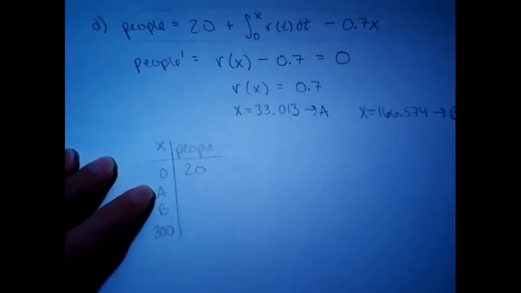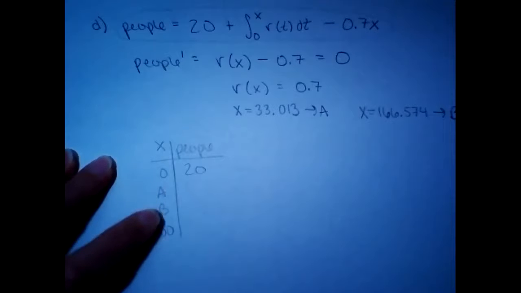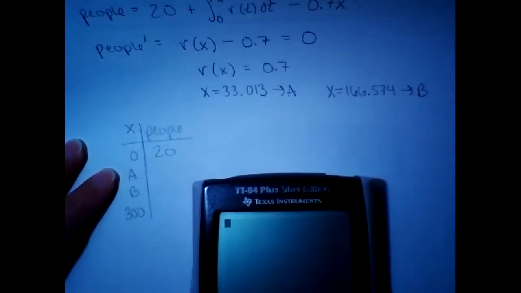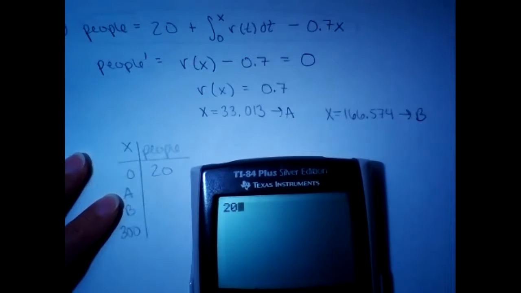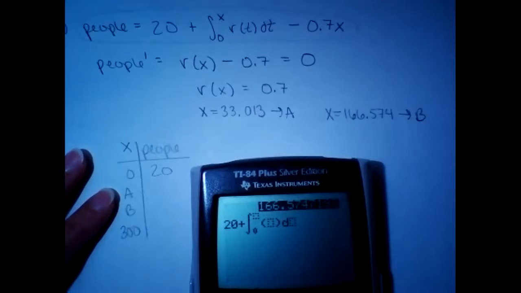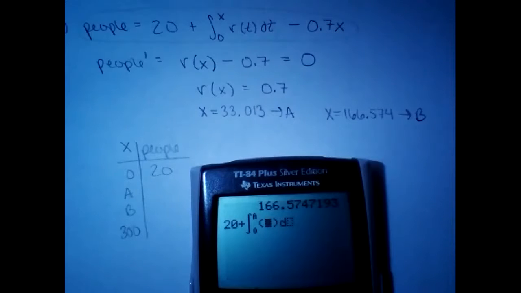Now you really only need to do it for one of these, and then you can redo it for the other two. So this is going to be obnoxious to type once, but after that I'll be able to bring it back. So 20 plus integral from 0 to A, oh, whoops. So integral 0 to A, and then one more time, I'm going to have to type this really awful function.